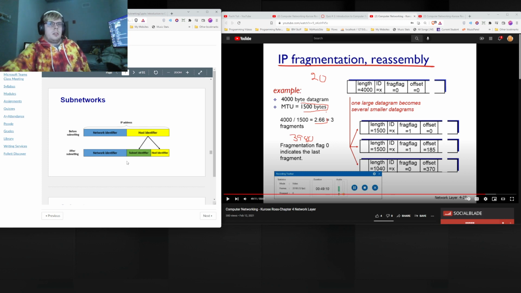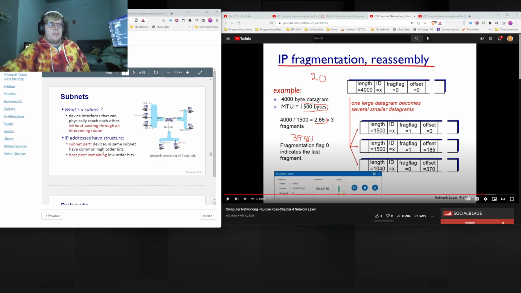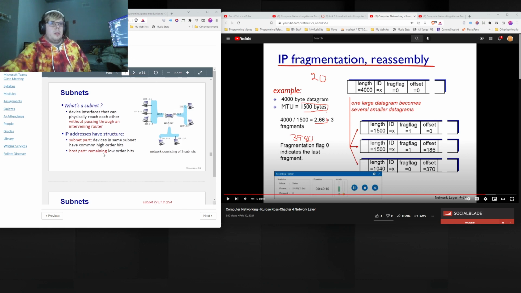Before subnetting, after subnetting. Remaining low order bits, what's a subnet? Without passing through an intervening router. Pass through each other without an intervening router.